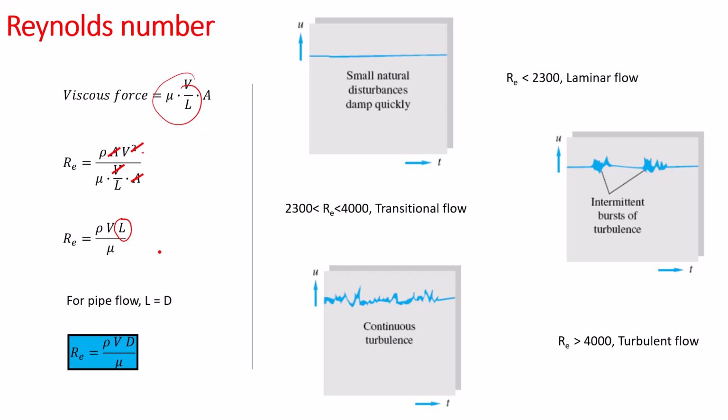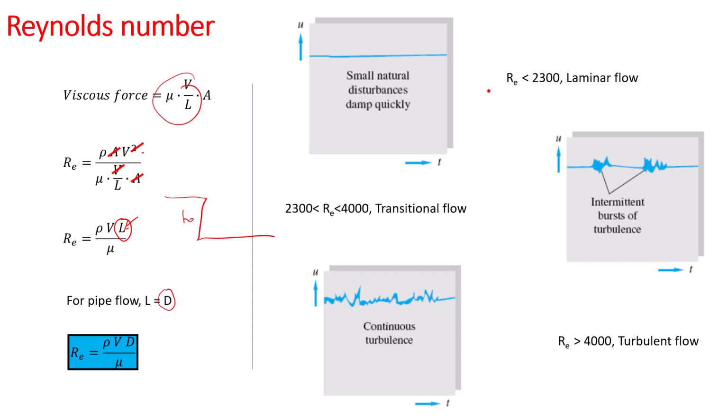So any dimension that characterizes the flow is the length dimension over here. So for pipe flow, the diameter is the important dimension. That's why we replace the length by the diameter. For aerofoil, this will be chord length. And similarly, if we are solving the backward facing step, then the step height might be the important factor. So you will replace the D with the H.